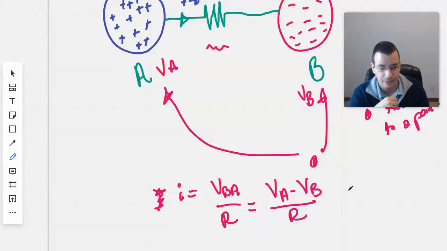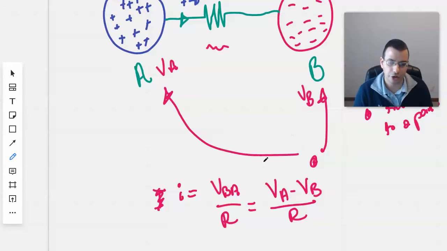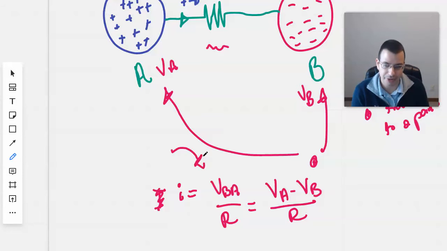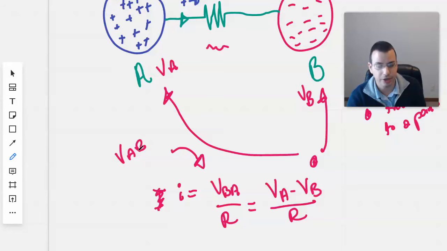In circuits, this will normally be defined pretty much opposite of this, where this situation up here would be looked at as VAB, where the first letter written is the more positive charge. So this would be VAB, which would equal VA minus VB.